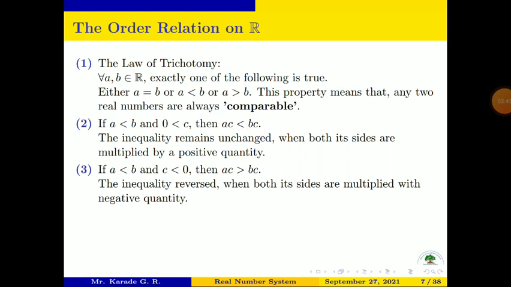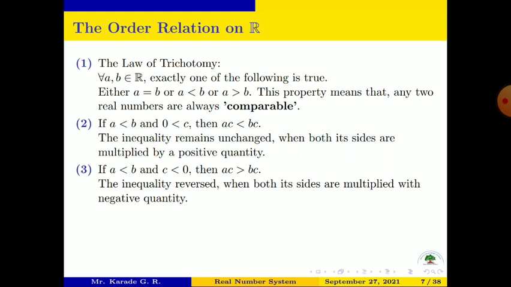The third property says that if a is less than b and c is a number which is less than 0, then ac is greater than bc. The inequality is reversed when both its sides are multiplied by a negative quantity.